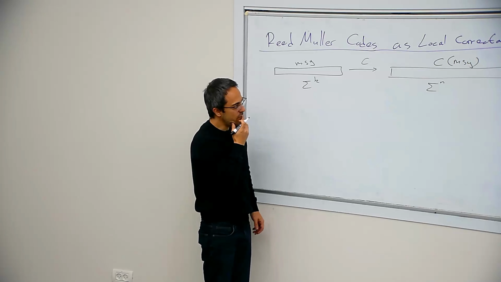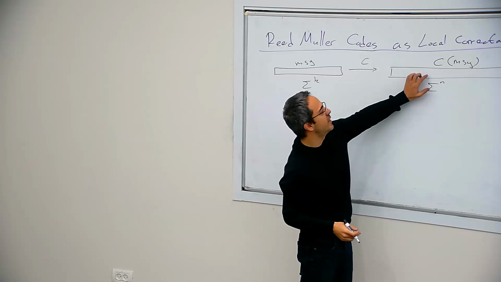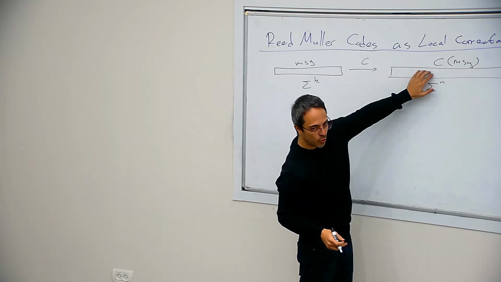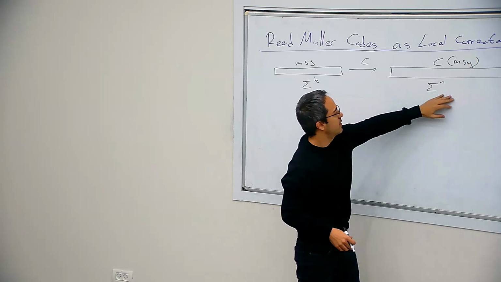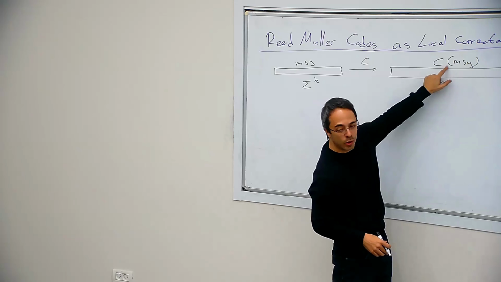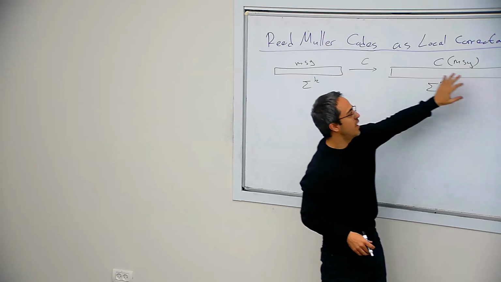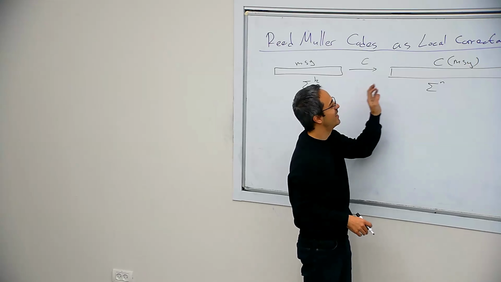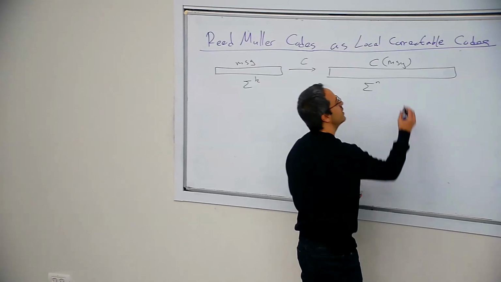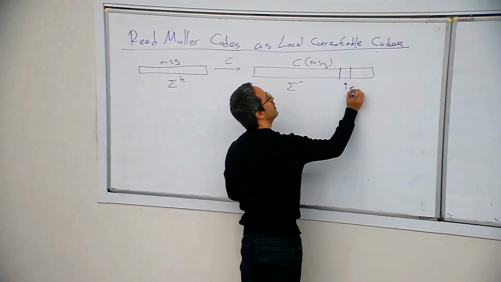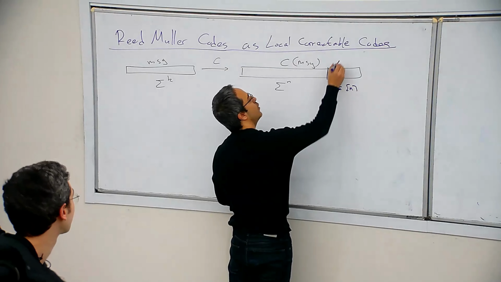And what you want is not only the ability, given n symbols here that are close to a code word, to figure out what the code word is. Now you want, given also an index i, to figure out what's written here.